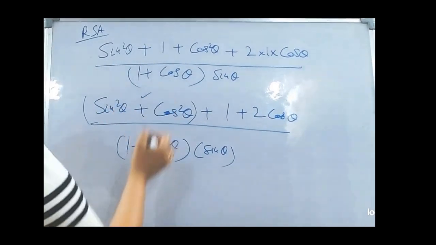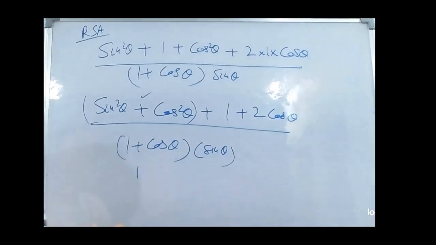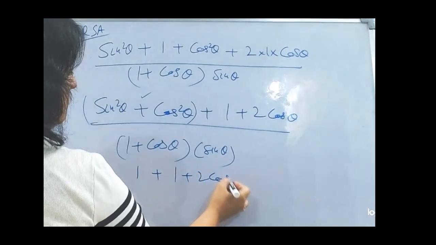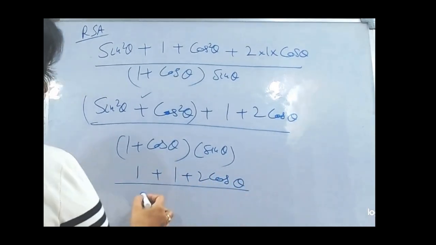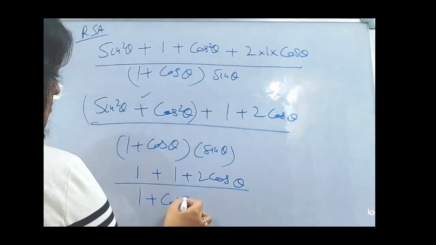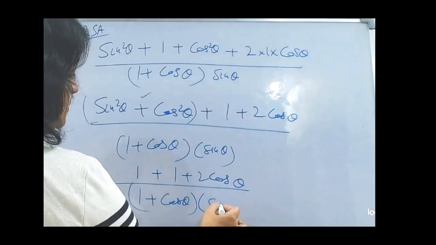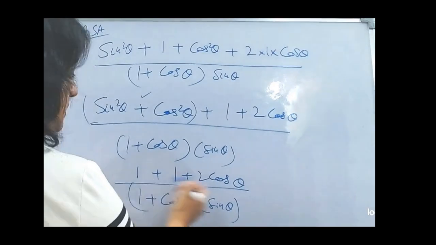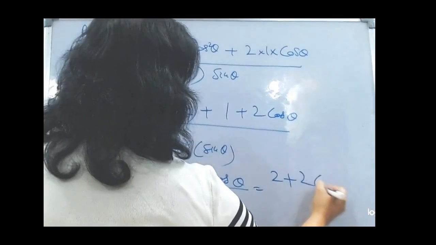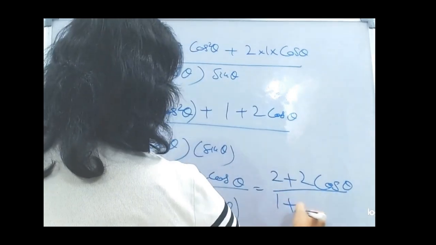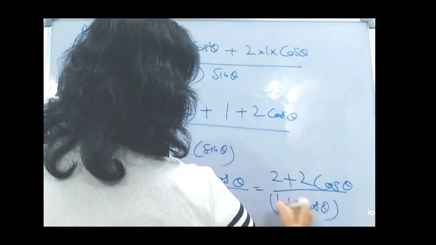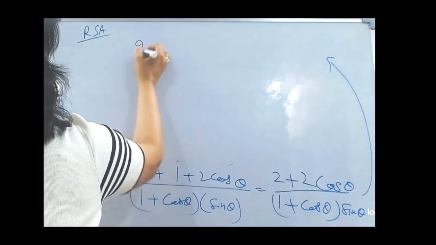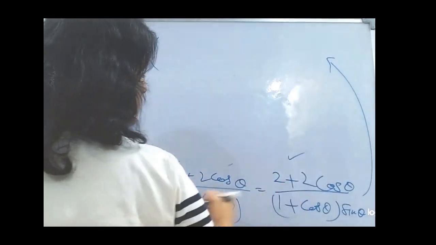So this bracket becomes 1 by the first identity, sin square theta plus cos square theta is equal to 1, plus 1 plus 2 cos theta upon 1 plus cos theta into sin theta. So this is 2 plus 2 cos theta upon 1 plus cos theta into sin theta. 2 can be taken as common from this expression.